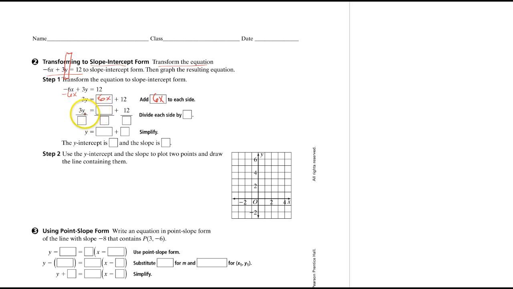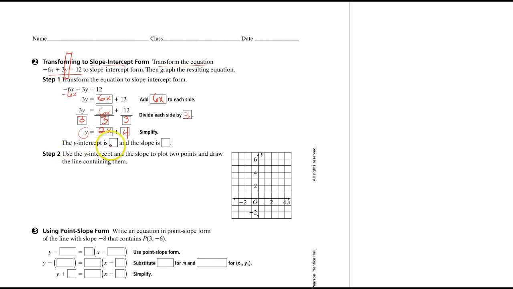Okay, now I've got the 3y equals 6x plus 12, and now I get to divide both sides by 3 because I'm trying to get the y alone. Divide this by 3, divide this by 3. Oh, okay, so the 3's cancel here, leaving me with just a y. 6x divided by 3, that would leave me with 2x. And now 12 divided by 3, yep, 4.